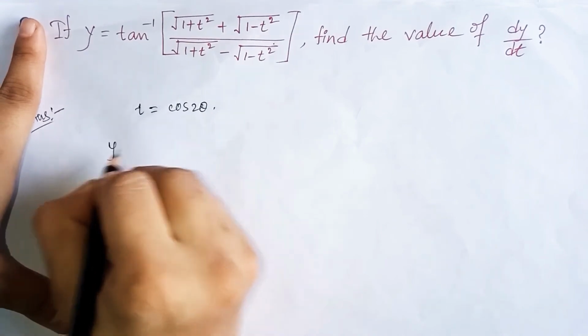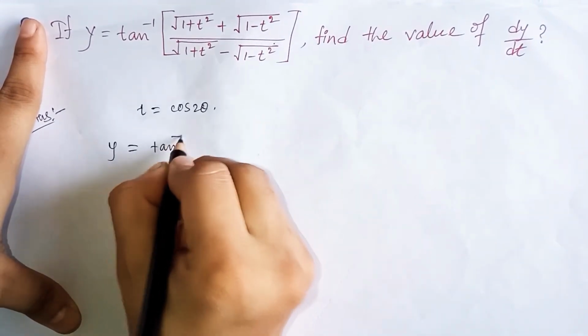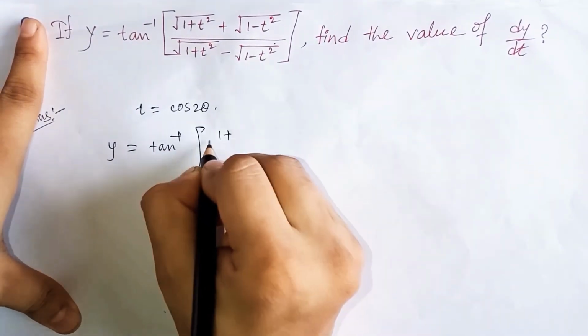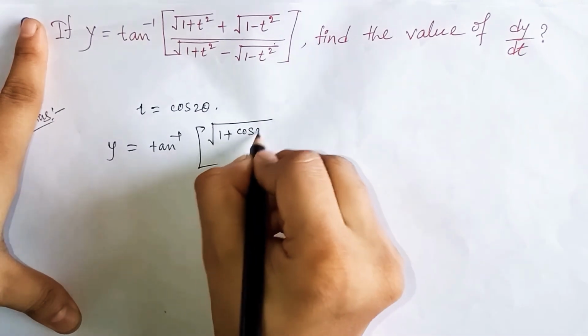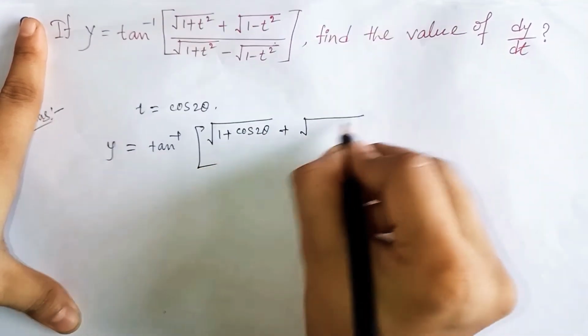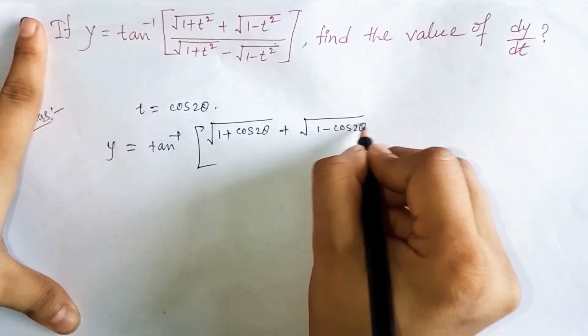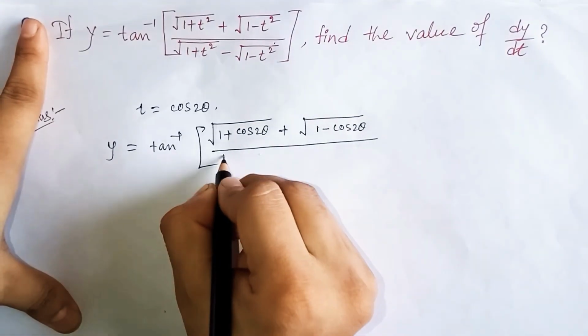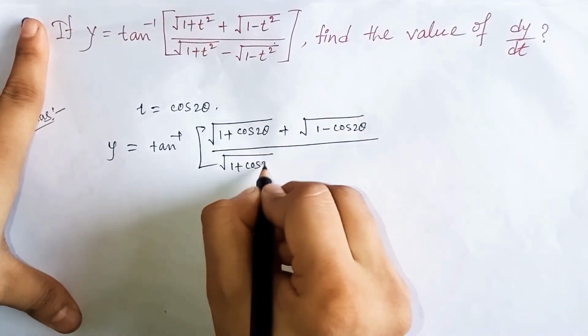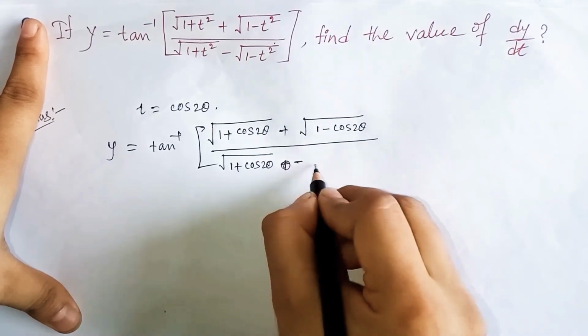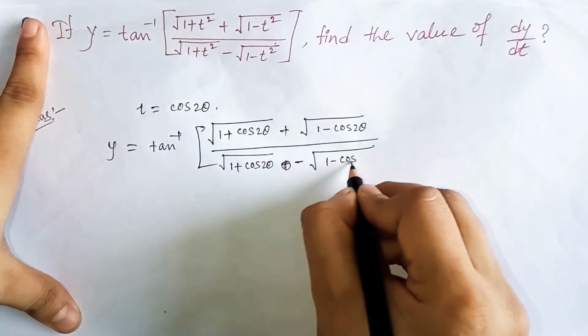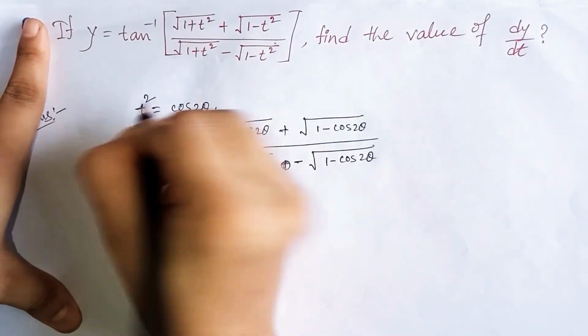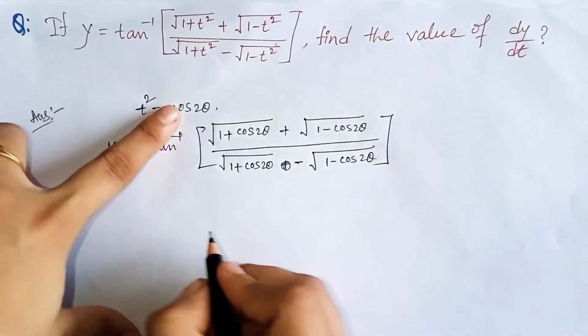So then y equals tan inverse of (square root of 1 plus cos 2 theta plus square root of 1 minus cos 2 theta) whole divided by (square root of 1 plus cos 2 theta minus square root of 1 minus cos 2 theta). We are using t square in terms of cos 2 theta.